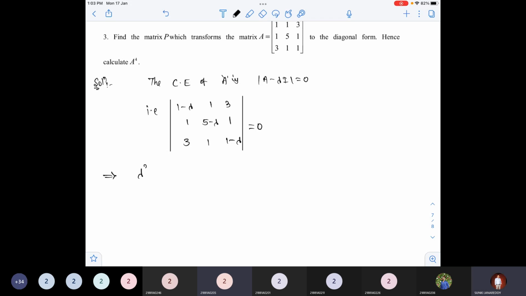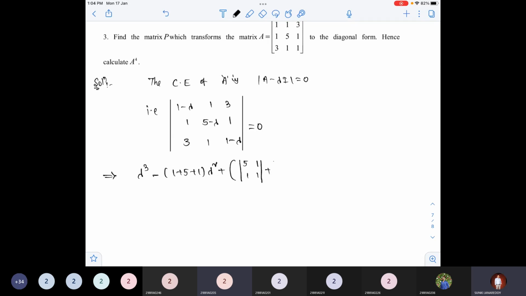Here we know the procedure to find the characteristic equation. First is lambda cube minus trace. What is the trace here? 1 plus 5 plus 1, into lambda square. Next is the sum of minors of principal diagonal elements. Leave first row, first column: determinant 5 1 1 1.